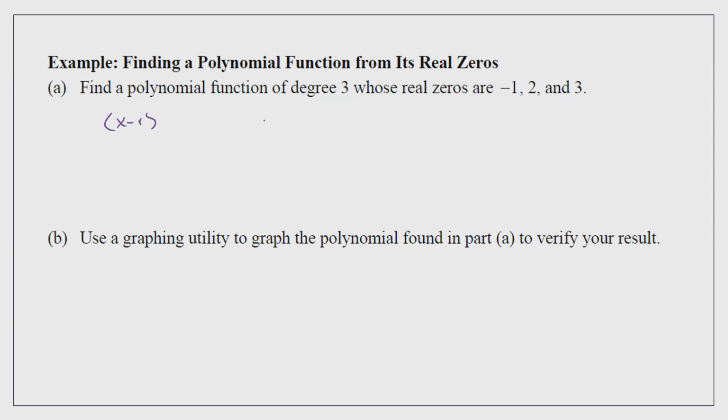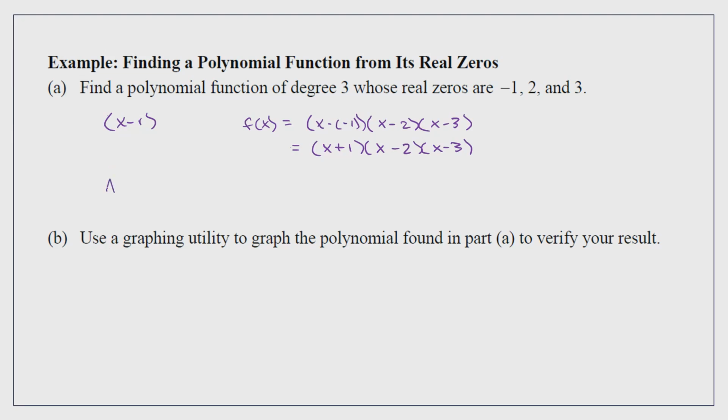So my polynomial function, let's just give it f of x, is going to be x minus negative 1, x minus 2, and x minus 3. I can simplify this a little bit to x plus 1, x minus 2, x minus 3. Okay? So that means if I have a zero that's negative and I'm writing it as a factor, I'm going to change the sign.